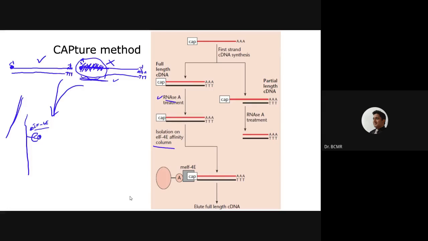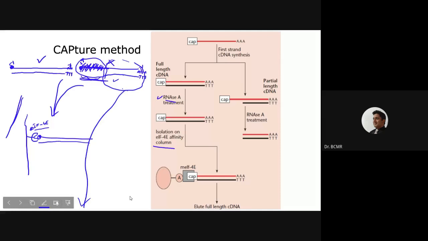So the mRNAs that have the GCAP will bind here along with their first cDNA strands. The rest, like these ones, are reverse transcribed in this part, but do not have GCAP, so they are not retained in the column and will flow through.